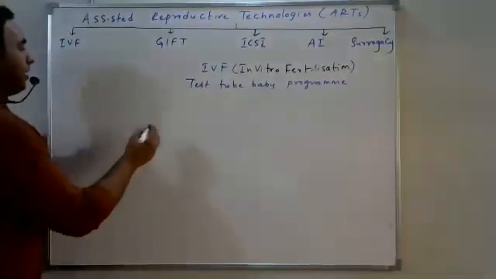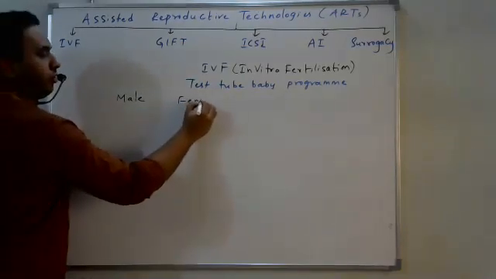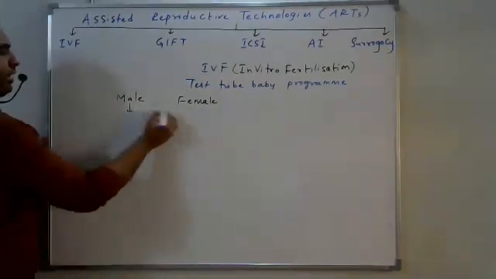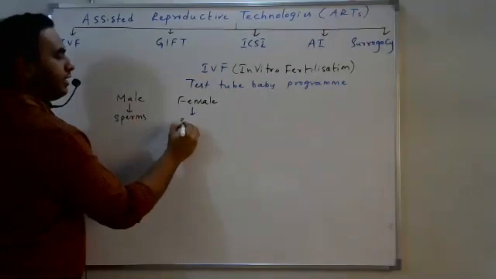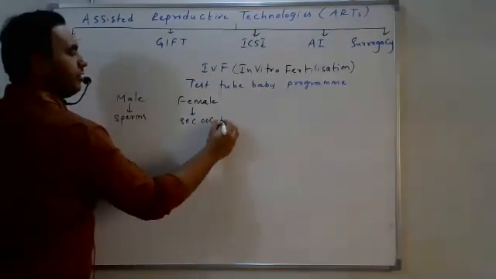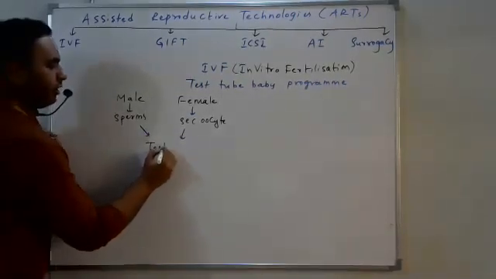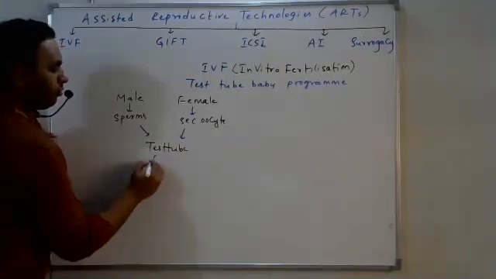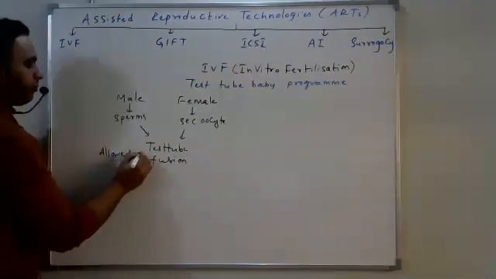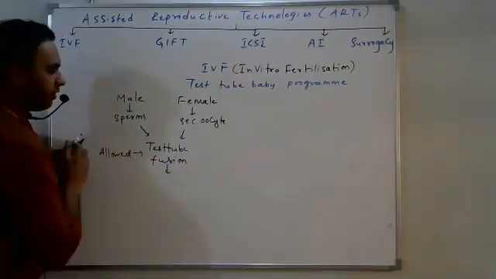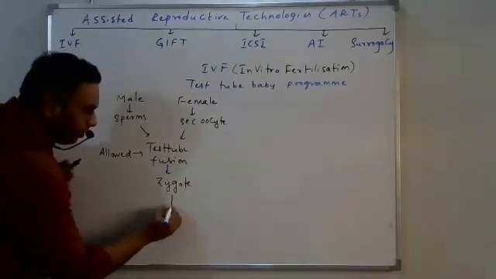So I will write the process here. From the male, sperms are collected. From the female, the secondary oocyte is collected. They are allowed to fuse in the test tube, and it results in the formation of the zygote.